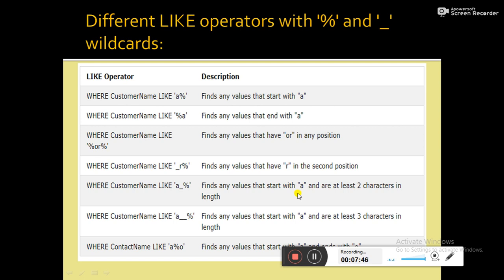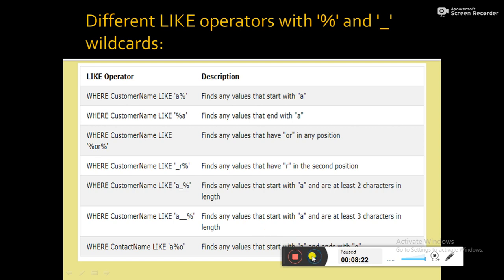So the expression should start with A, and to make it at least two characters you have to represent another single character. To represent a single character, we use underscore. So we start with A, then the underscore means another character which may be anything. After that the percentage sign means it may have any number of characters, 0 or many.